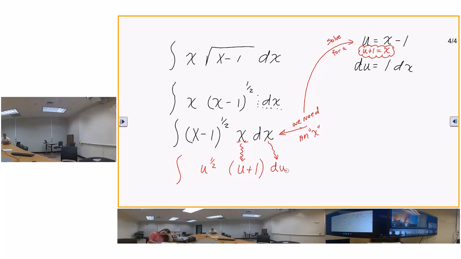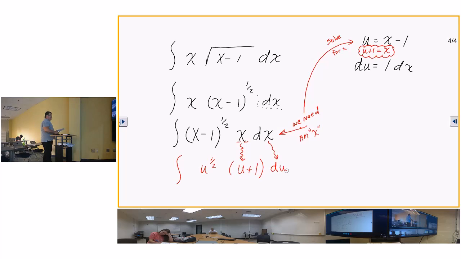Now, there's some of you that are saying to yourself, okay, I see what he's doing. Okay, good. There's some of you that are saying, I don't know what he's doing. Those of you that are saying that, you need to pay attention to what I'm doing because you're going to have trouble in second calc.